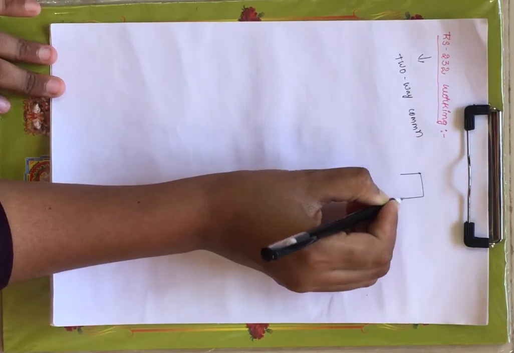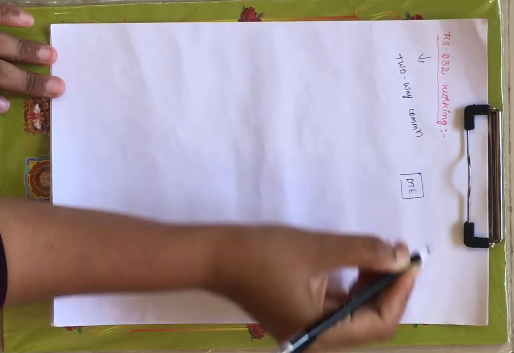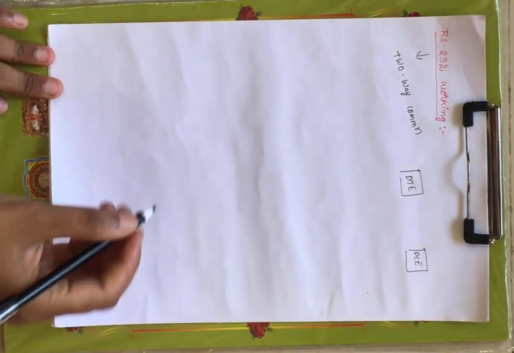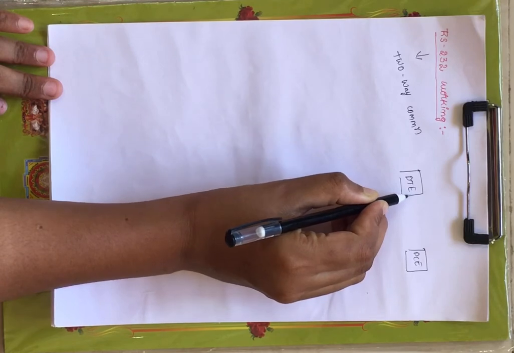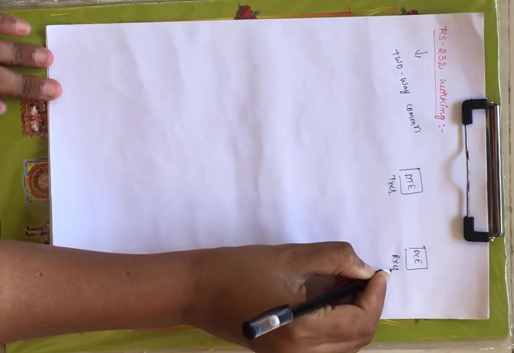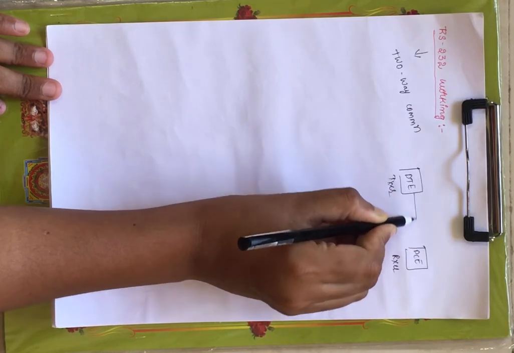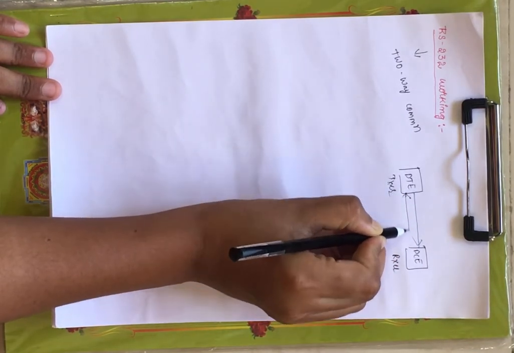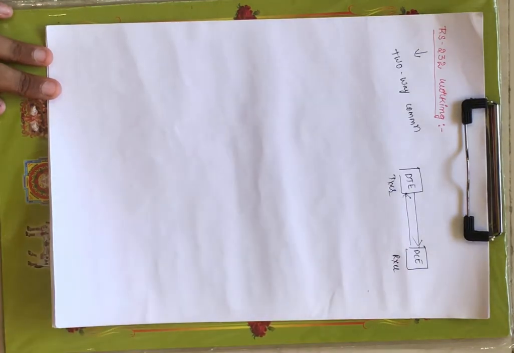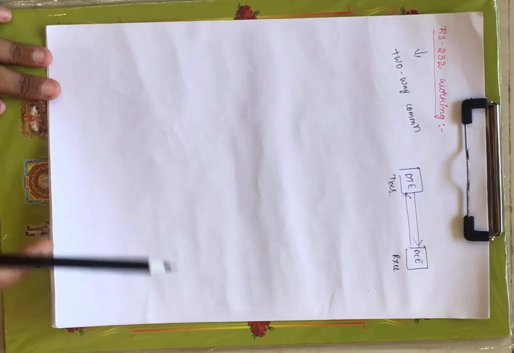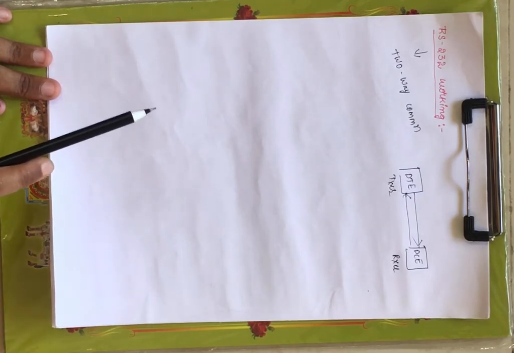That means we have the DTE, data terminal equipment, and also the DCE, data communication equipment. This is the transmitter and this is the receiver. Now the DTE can transmit data to the DCE, and it can also receive data from the DCE. The transmitter operates in two ways, for transmitting the data and for receiving the data.